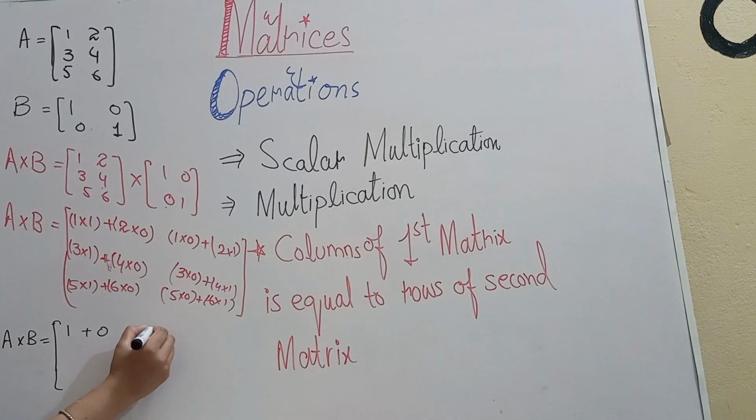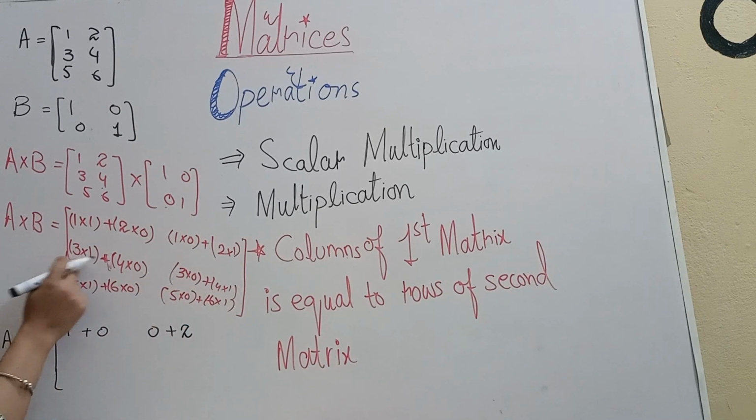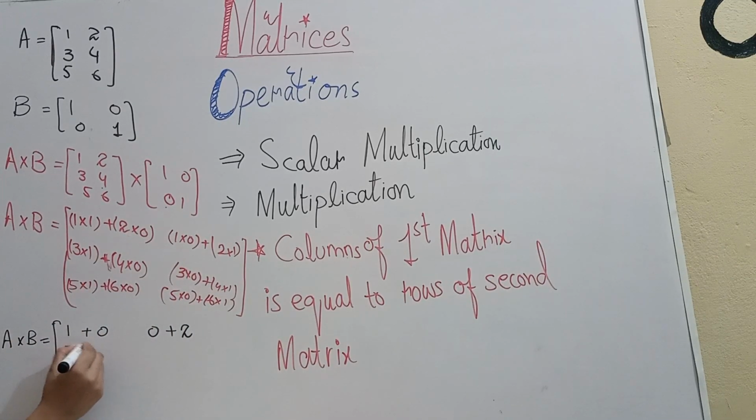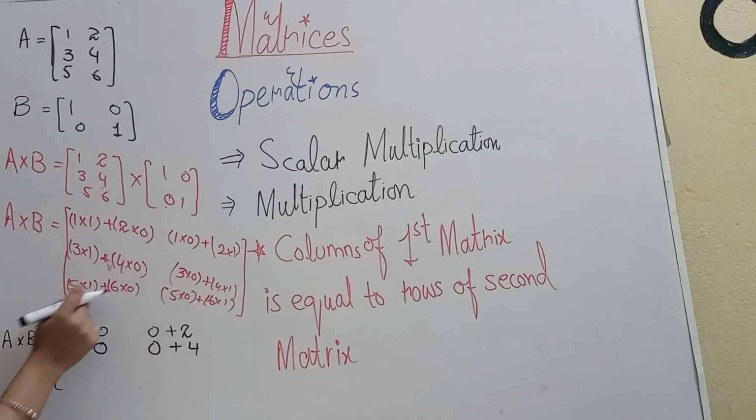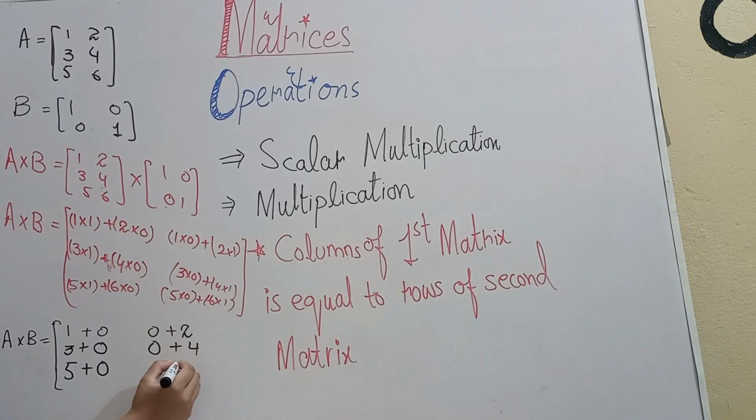Here 1 multiplied by 0, 0, plus 2 multiplied by 1, 2. 3 multiplied by 1, 3, plus 4 zeros are 0. 3 zeros are 0, 4 ones are 4. 5 ones are 5, 6 zeros are 0. 5 zeros are 0, and 6 ones are 6.